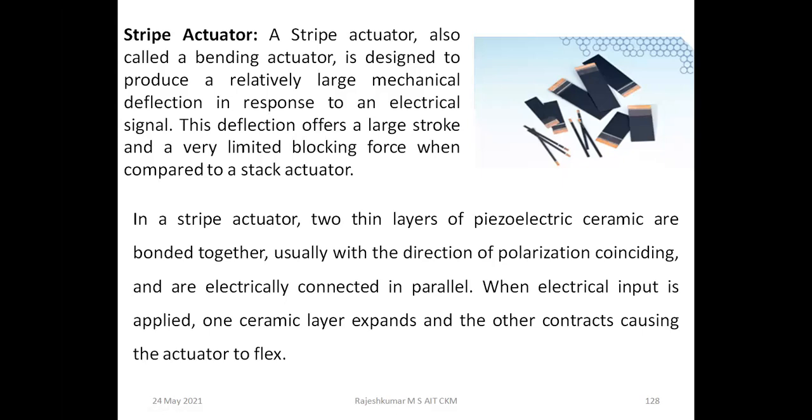If the voltage has to be varied, the plate thickness also has to be varied. So that's why, regarding the applications, they are going to decide what plate thickness has to be taken care of and how the piezoelectric operation is going to be carried out.